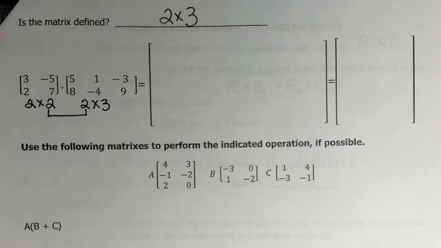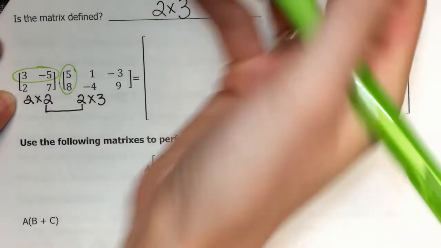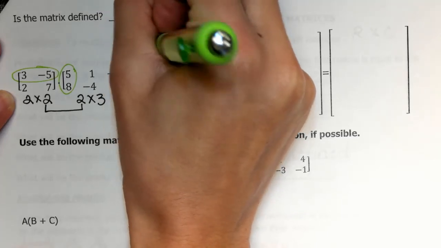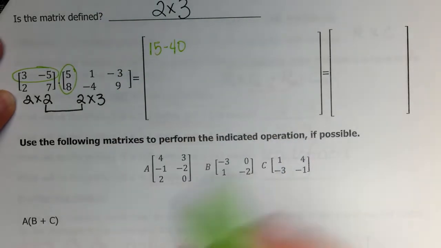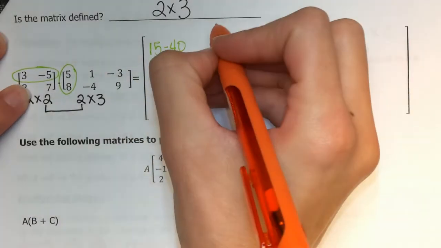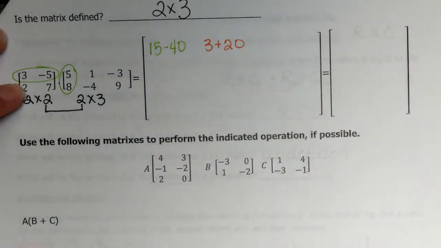Are we good? Okay. So when I multiply first row, first column, what should I get? Okay. And then what's my next one? And my next one?